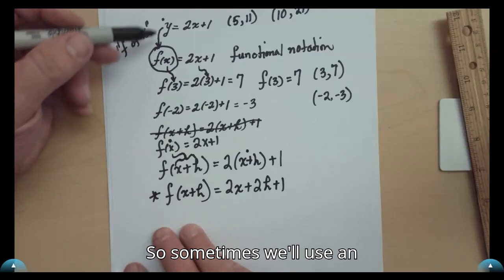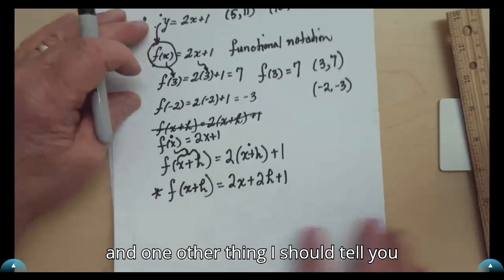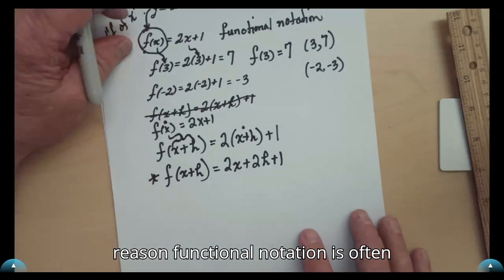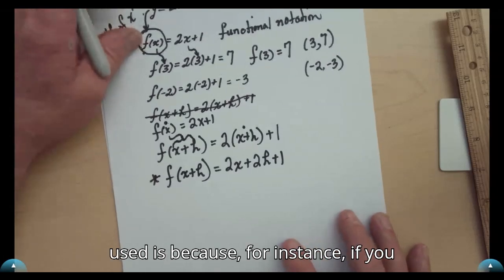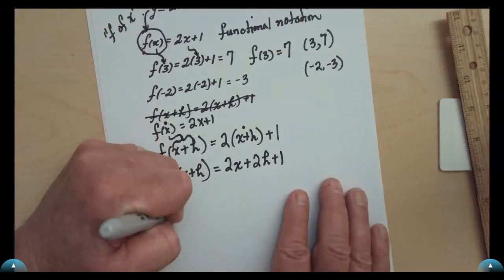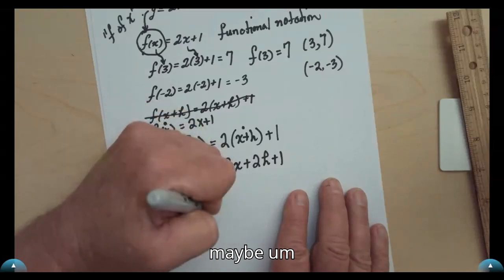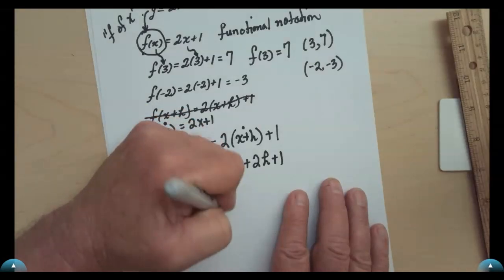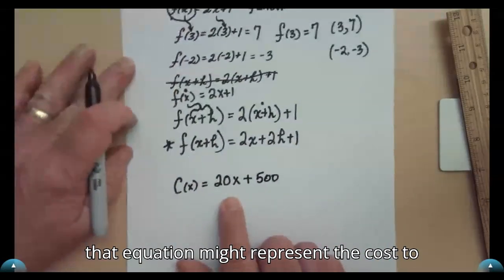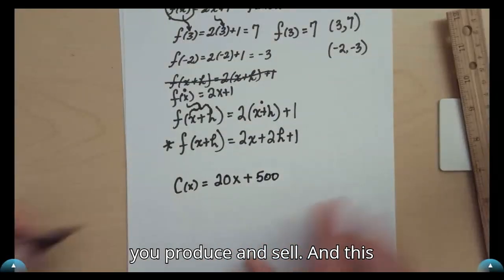So sometimes we'll use an equation to represent a function. Oh, and one other thing I should tell you about this functional notation. One reason functional notation is often used is because, for instance, if you take a business math class, you'll have one equation, like maybe that equation might represent the cost to produce X units of whatever you produce and sell.